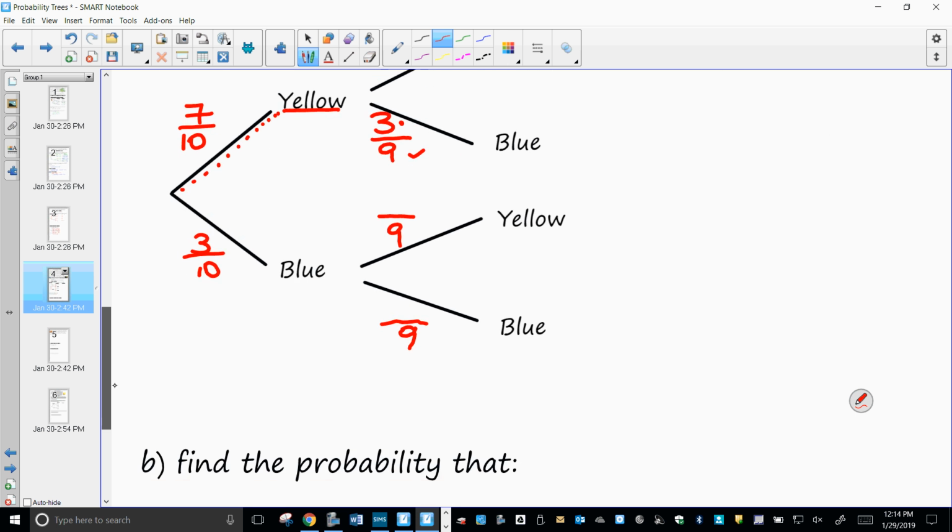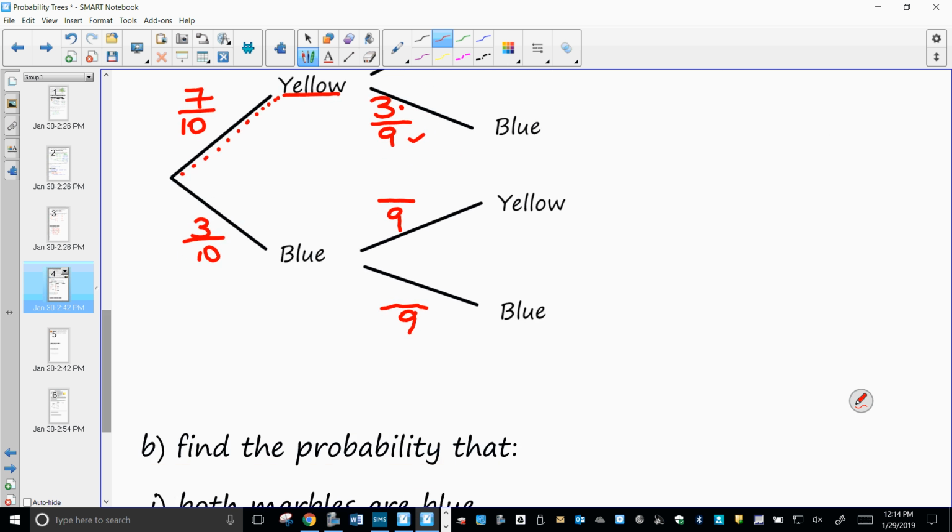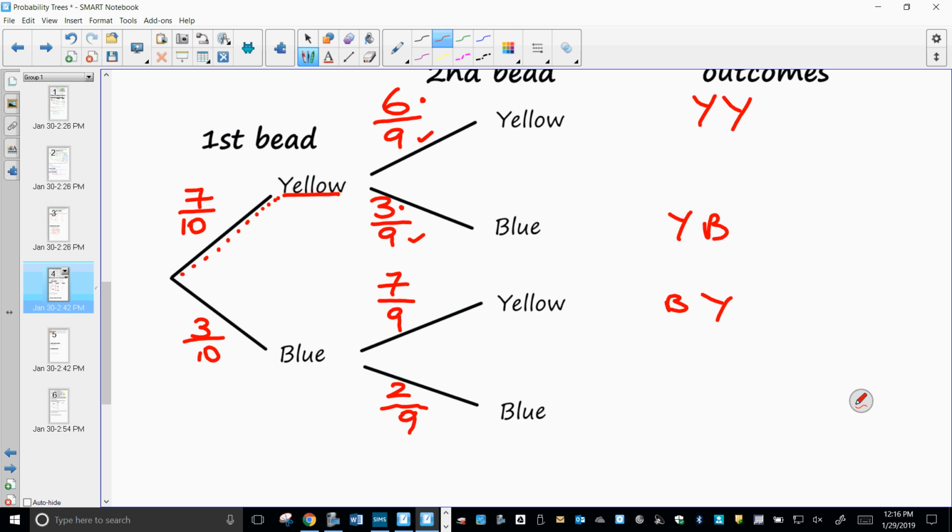In a similar way, if we were following the blue marble, then our probability of the blue is now 2 over 9, which means that our yellow would be 7 over 9.